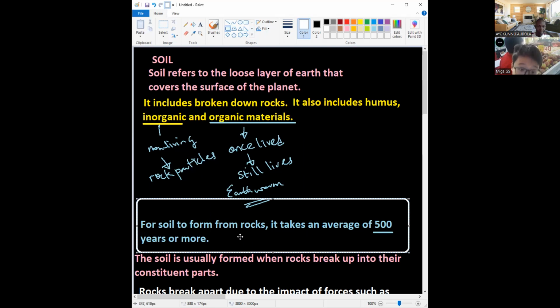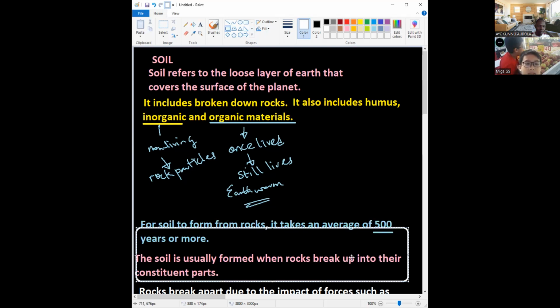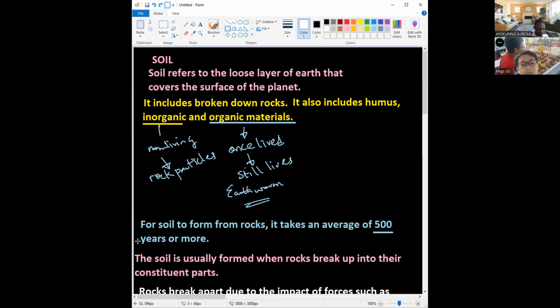So how long does it take for weathering to take place? For soil to form from rocks, it takes an average of 500 years or more. It's so long. So how does weathering happen?